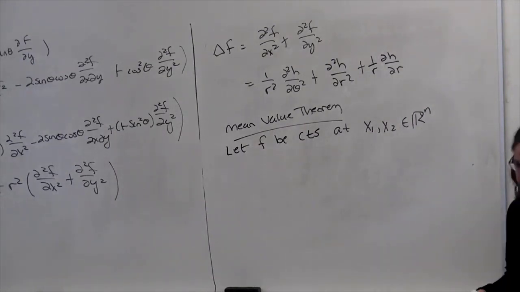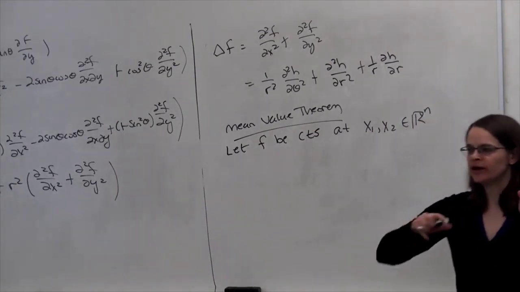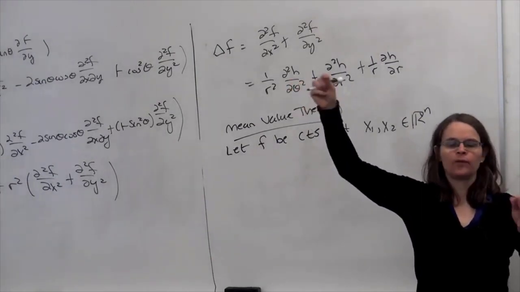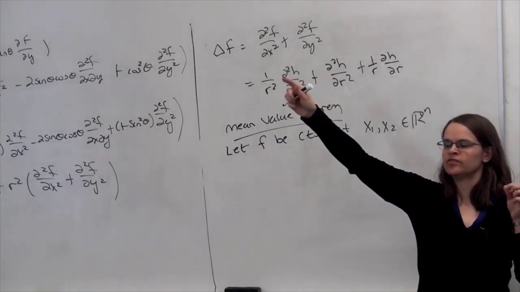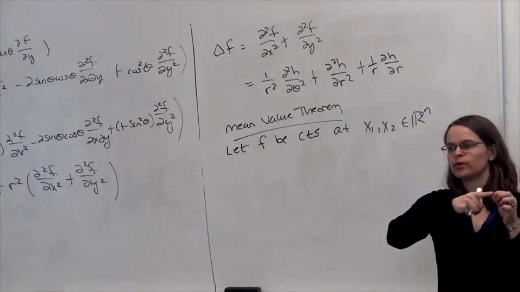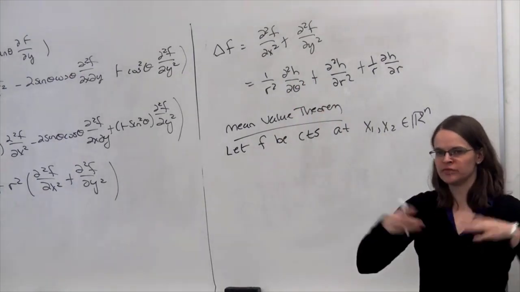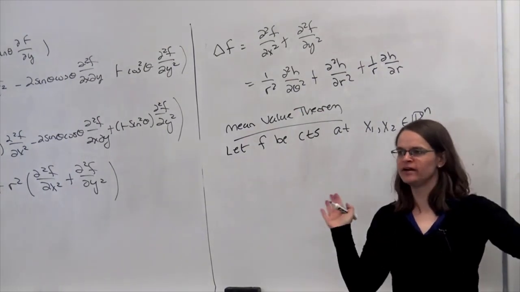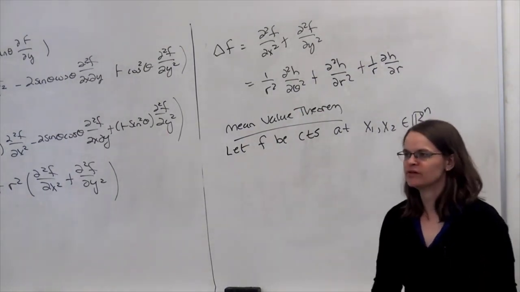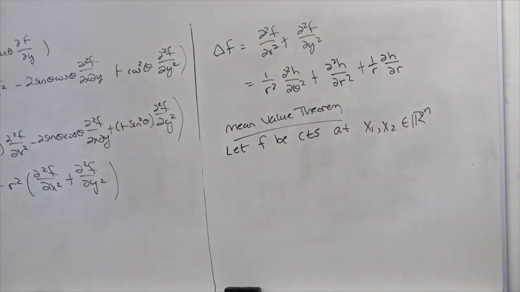Now, what's going to happen with the mean value theorem? We have 2 points that live in space, and we're going to somehow relate them to something that happens in between. So what we're really going to be doing is restricting our attention to this line segment that connects them. And the line segment is, of course, embedded in higher dimensions, but it turns into just about a one-dimensional problem.